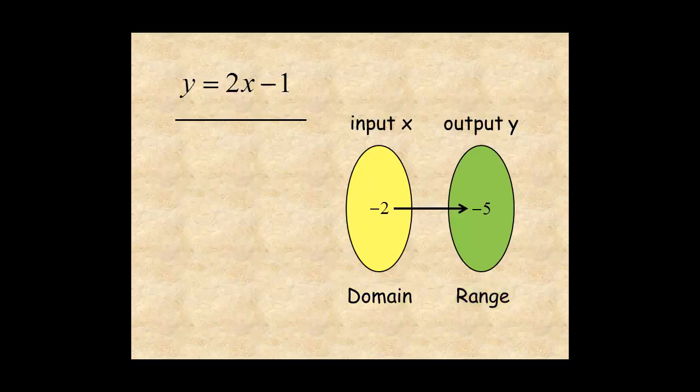For an input x equal -1, the output y is 2 times -1 minus 1, which is -2 minus 1, which is -3. So there's a relationship between an input x equal -1 and an output y equals -3.